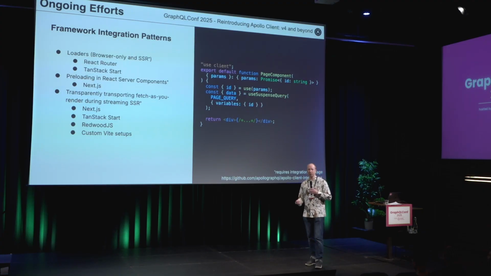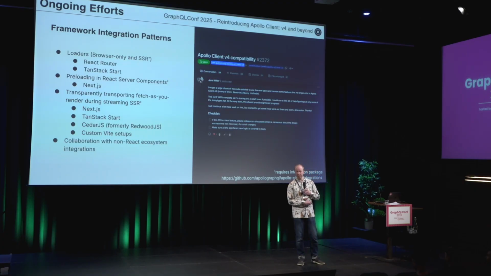If you use useSuspenseQuery, it server-side renders, and that actually streams all the data that's received during that render over to the browser, where it simulates a network request instead of actually doing one and giving you the exact same data with the exact same timing it had on the server. So that will eliminate most hydration errors. This is also the most compatible thing that we have. It works in Next.js, it works in TanStack Start, it works in RedwoodJS, and it also works in custom Vite setups.